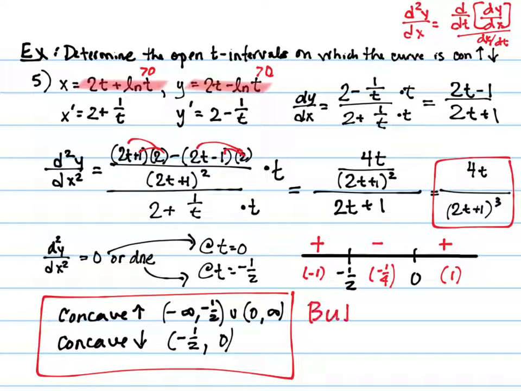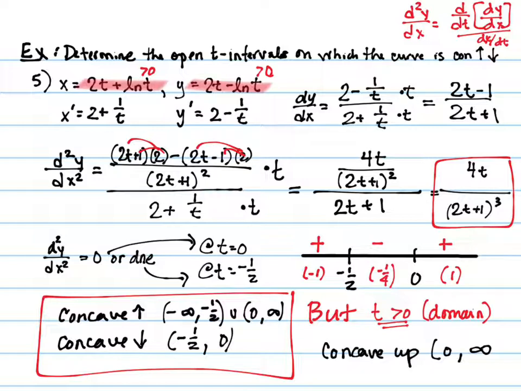So that's actually okay. I wanted to be able to show you a sign chart anyway, so that worked out. But the t value is always greater than 0. So for ours, that's the domain itself. So for our problem itself, it is only concave up, and it's on the interval from 0 to infinity.